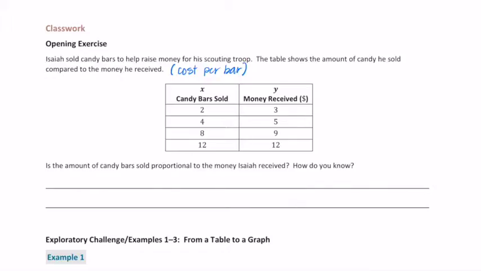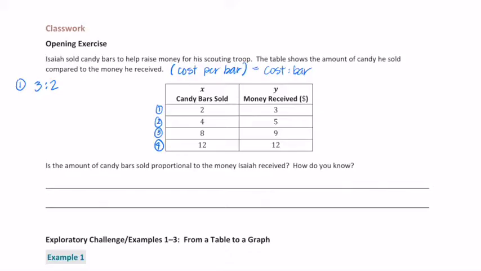Okay, so let's mark off our situations: first, second, third, and fourth situation. In our first situation, we're looking at a ratio of money received to bars. Our first situation gives us a 3:2 ratio.